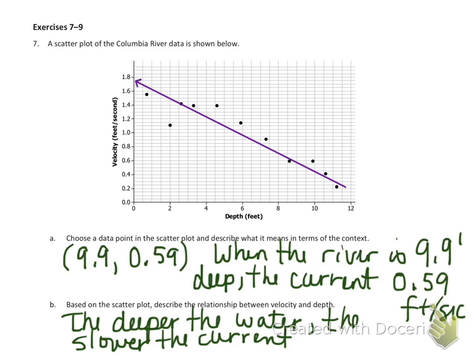I'm going to do right about there, and then come over, and to predict for a depth of 8 feet would be right here. And I'm getting about 7/10 of a foot per second.